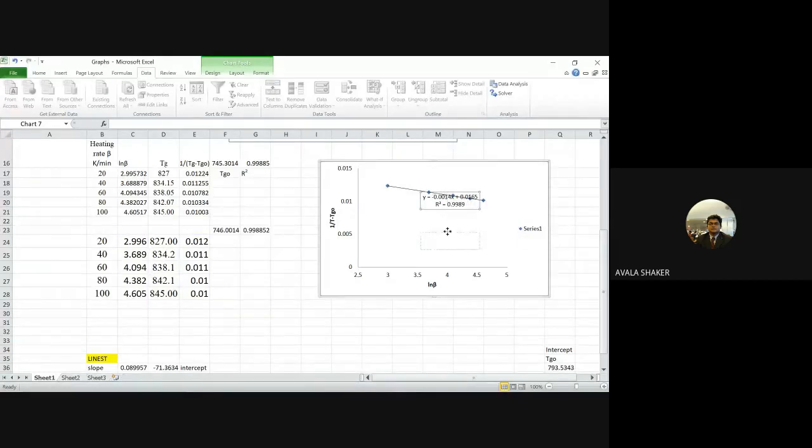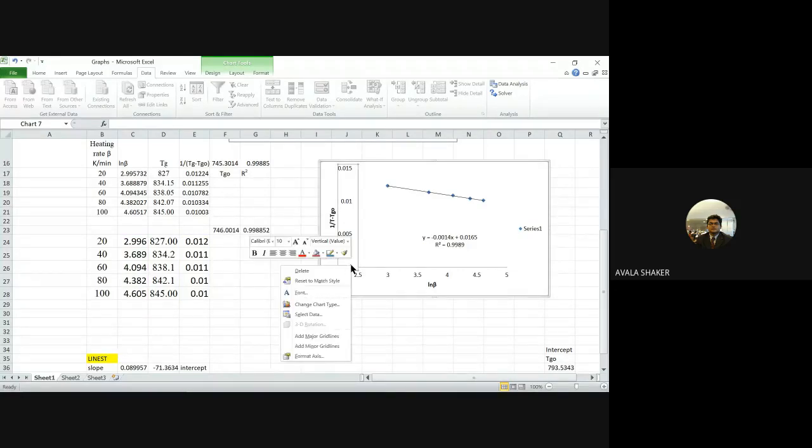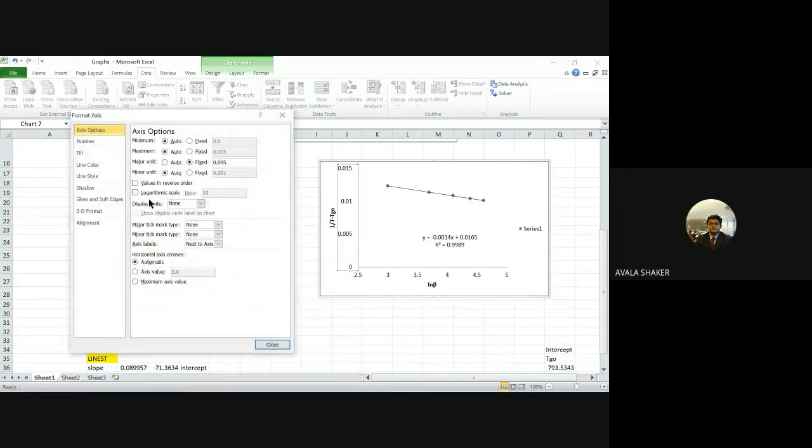We can move this here. We can even change the starting value to 0.05 instead of 0. So you'll have to work on your graph so that it gives a good visual impact.